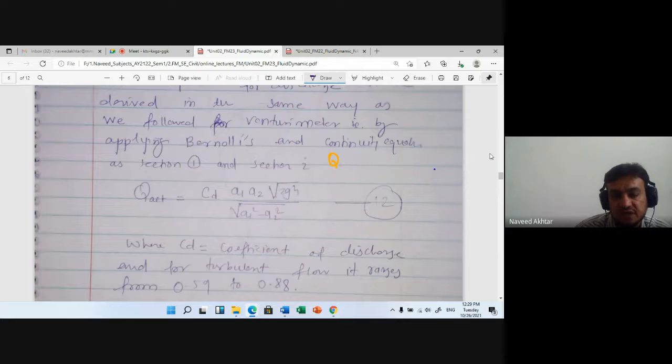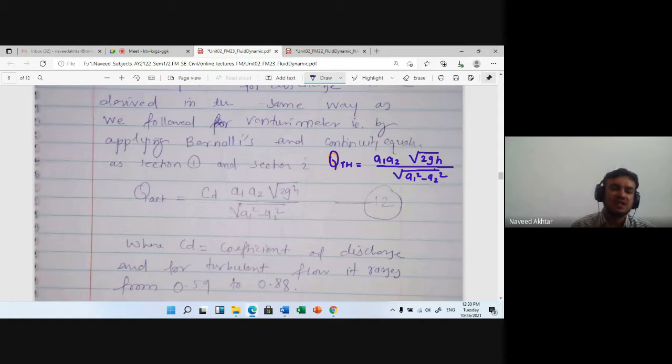So Q theoretical is nothing but A1 A2 under root of 2GH divided by under root of A1 square minus A2 square. In terms of velocity V1 or V2, you'll get this discharge equation.